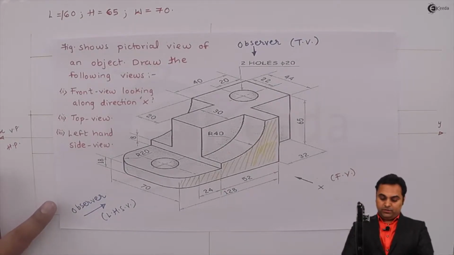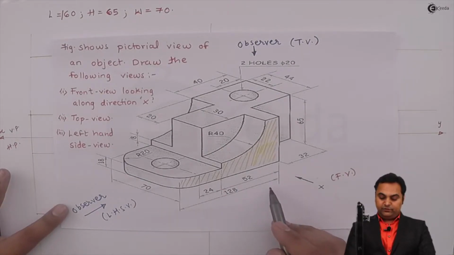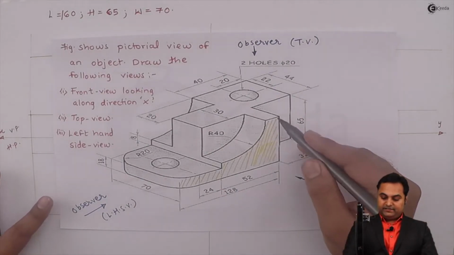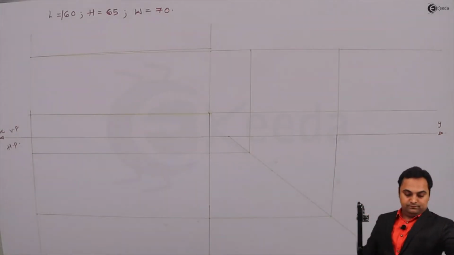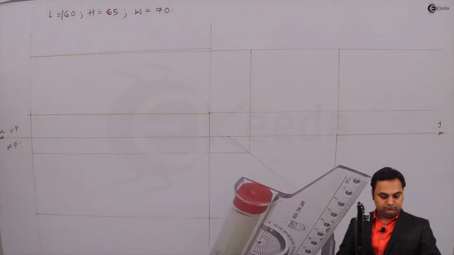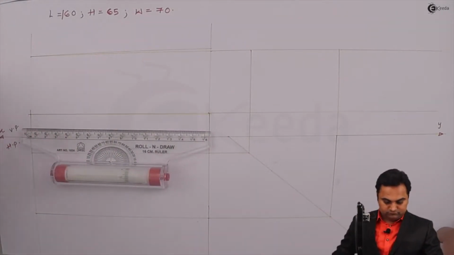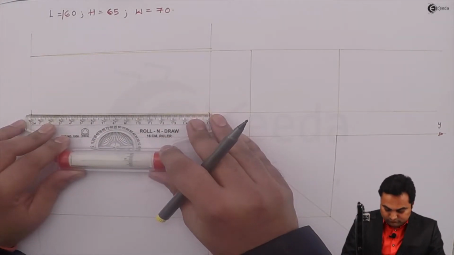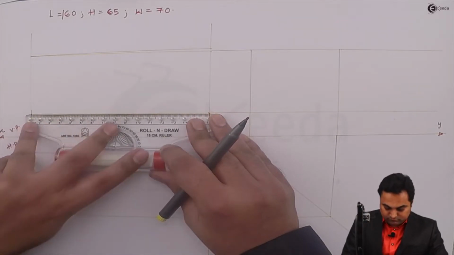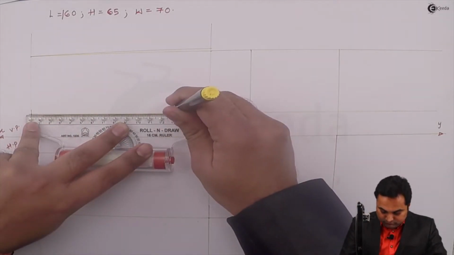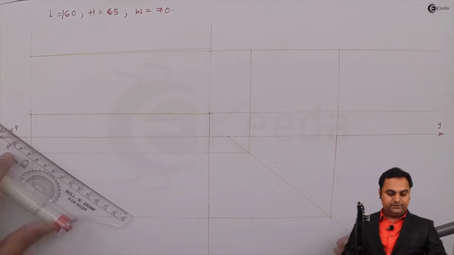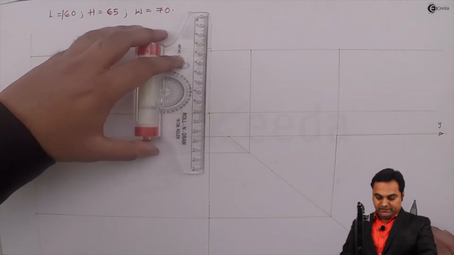And now this portion has a length of 128 mm and the height is 65 mm. 128 and the height is 65.